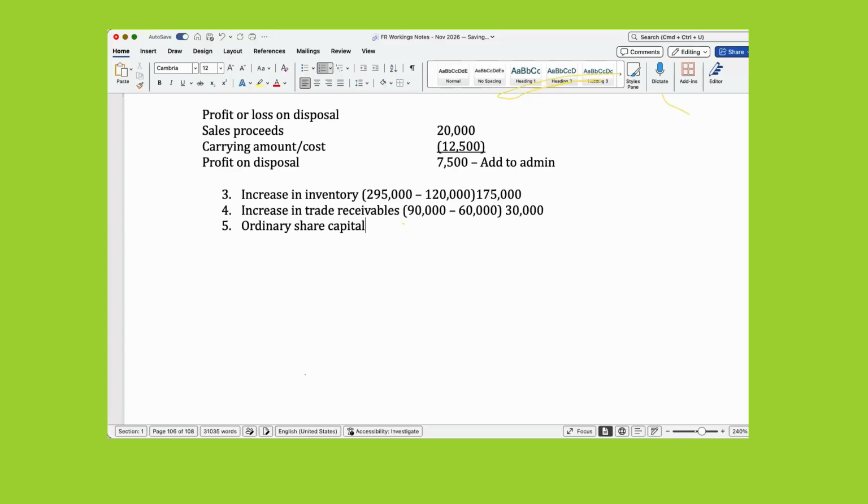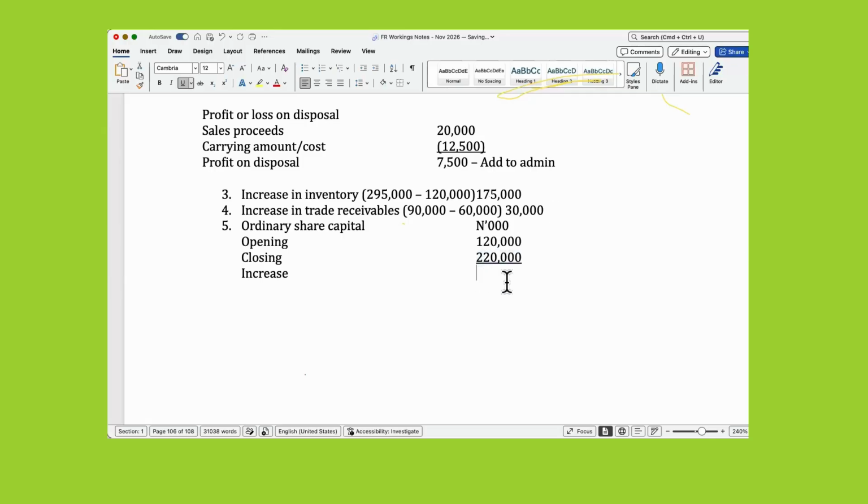So that's how you think through these things. You think through understanding. From here, the opening was 120 and the closing was 220. So there's an increase. Ordinarily, this increase would have gone to the statement of cash flows.